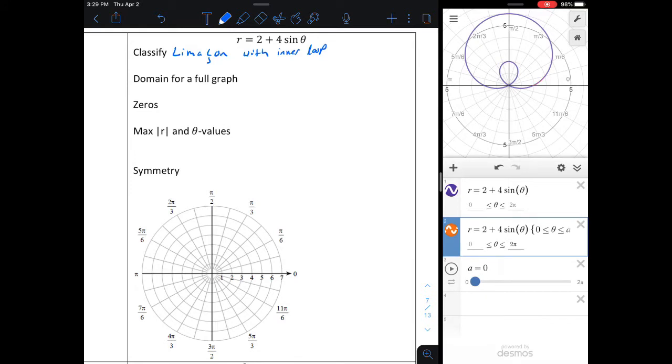And I can discover that with the slider, where we start at 0 and see how long it takes for the function to completely map itself and do everything it's going to do. And so I'm dragging my slider, looking at its tracing, and by the time I get all the way to 2 pi, it did everything it's going to do, and it's back to where it started. So the full domain for this graph, we can say, is from 0 to 2 pi.